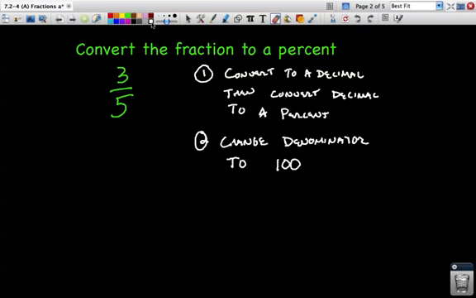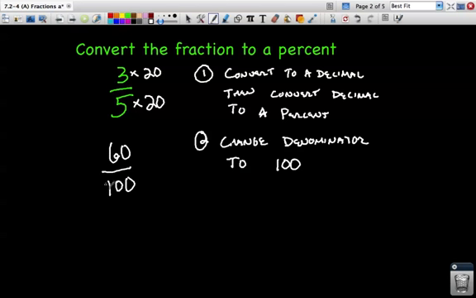So if I look at 3/5, can I multiply 5 by something to get to 100? 100 divided by 5 is what? Whenever I do something to the denominator, I have to do it to my numerator. I can multiply 5 by 20, and that's going to give me a denominator of 100. So 3/5 is actually equivalent to 60 over 100, or 60 hundredths.